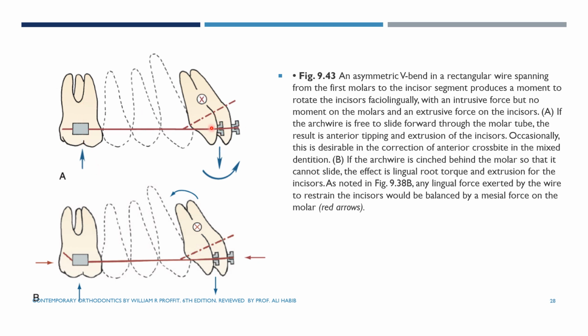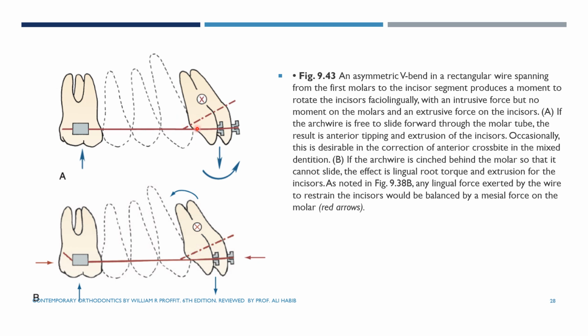So expect the anterior teeth to extrude. So although this is a way to control the proclination of incisors, whether to flare them, retrocline them or torque the roots lingually, it has a very critical problem, which is the extrusion and intrusion effect.